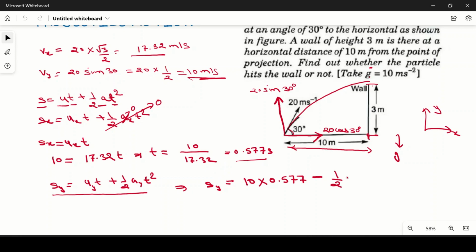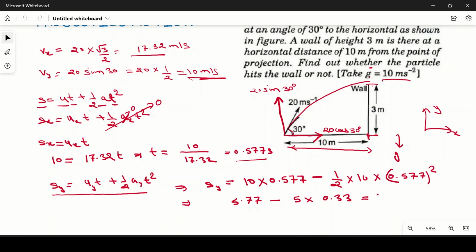Half g, you can see here g is given as 10 meter per second square, into t square, 0.577 square. If you calculate this, it will be 5.77 minus 5, into this 10 by 2 is 5, 0.577 square will be 0.33.